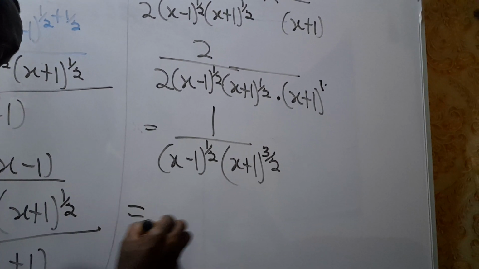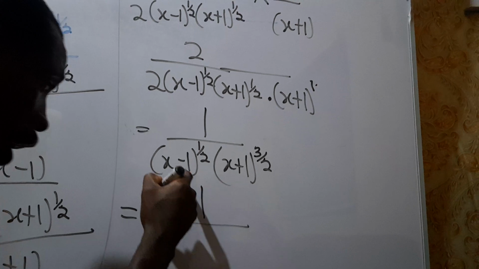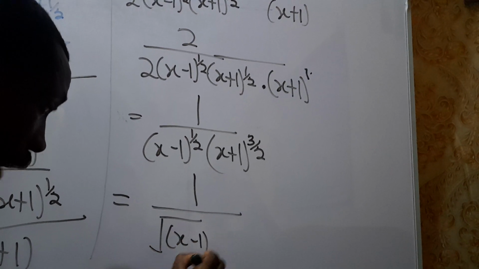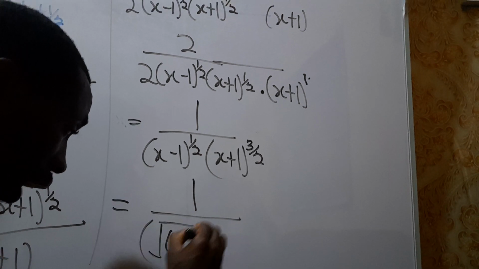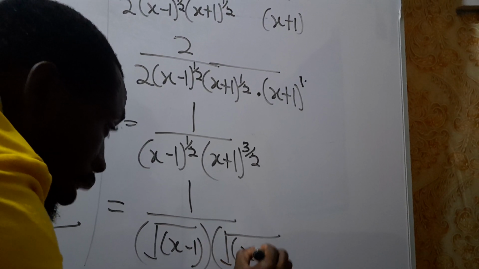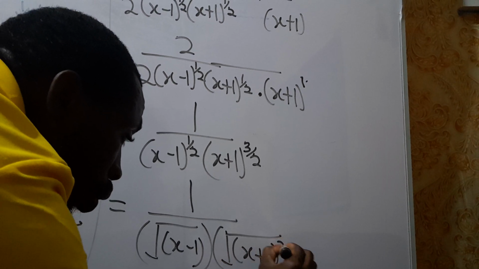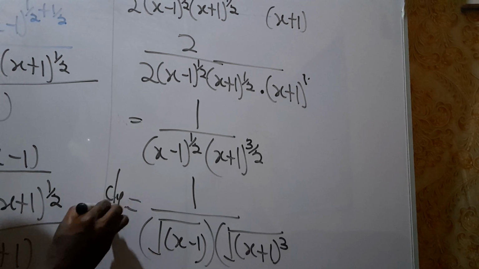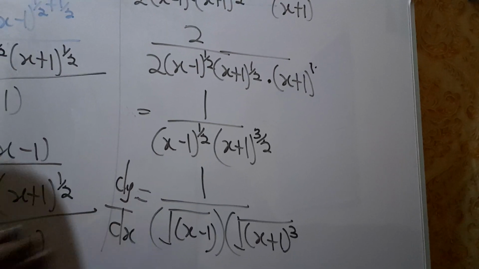So we can rewrite this as 1 all over, remember, this will be the square root of x minus 1, then times the square root of x plus 1. Then this becomes our dy over dx. I hope you get that.